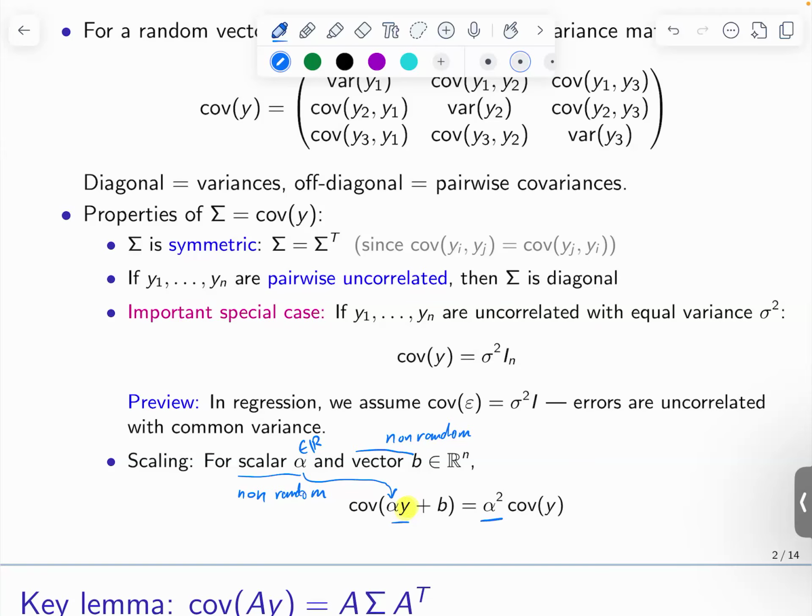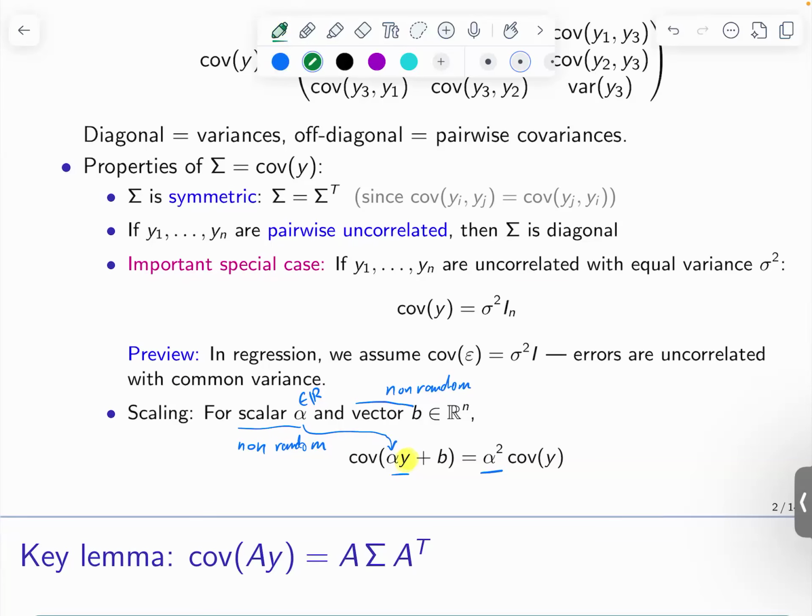And the little proof of this is, if you recall, the covariance of y, we proved the formula, which was the expectation of y tilde times y tilde transpose. What is y tilde, if you recall?